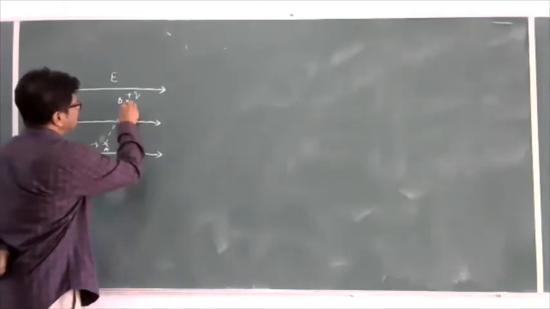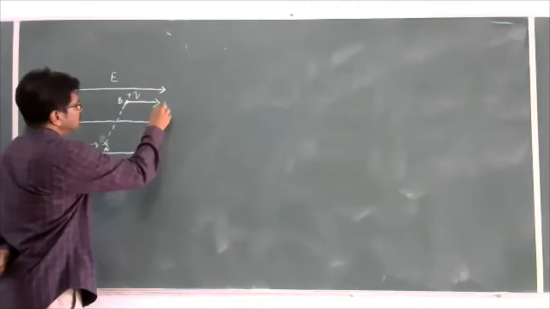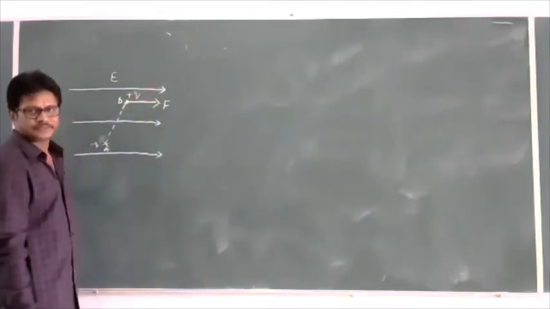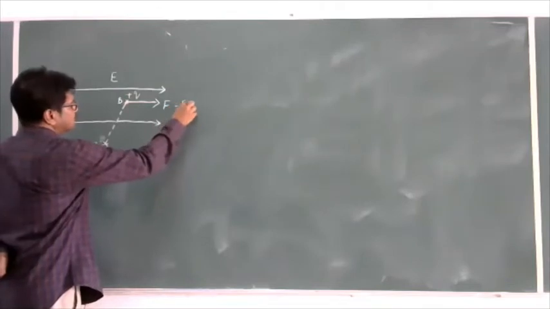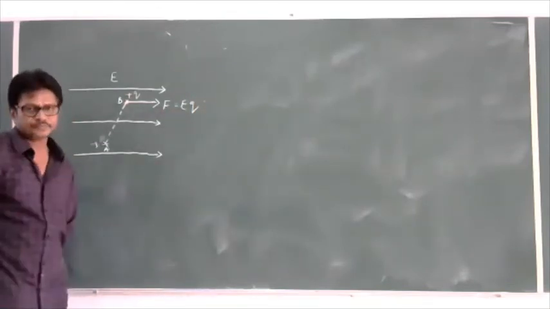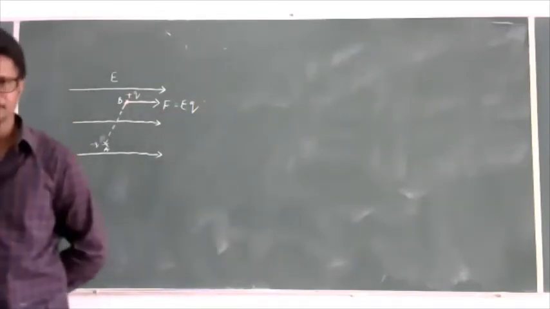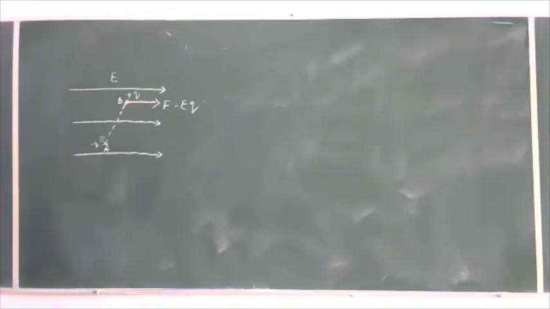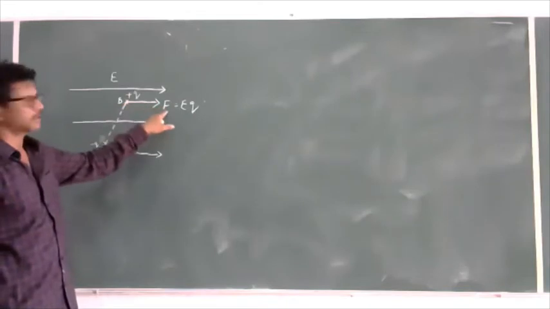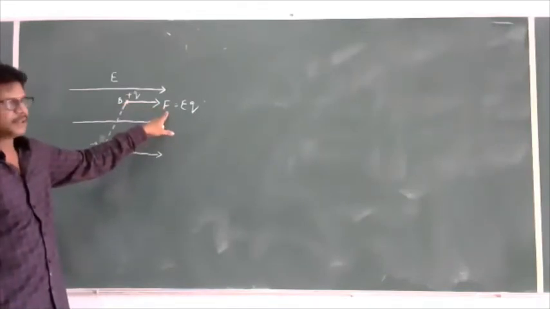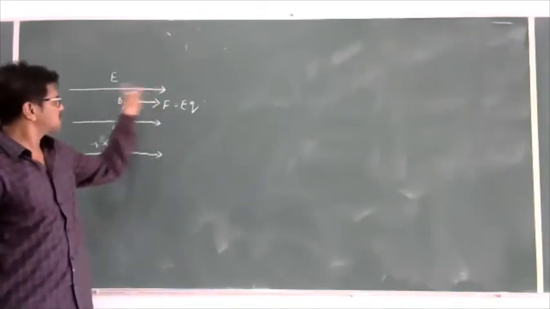So in this direction, the force F will act. What is the formula to find F? F is equal to EQ. This we already discussed. Whenever a positively charged particle is placed in a uniform electric field, it will experience a force in the same direction as that of the electric field.